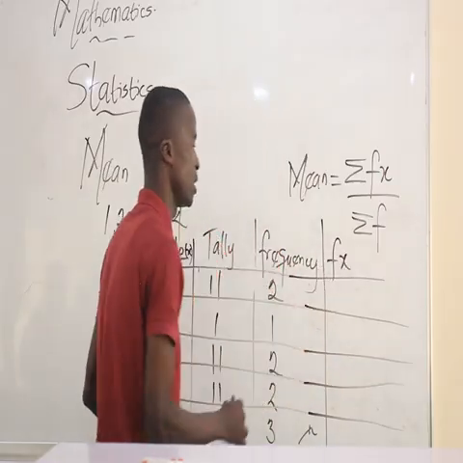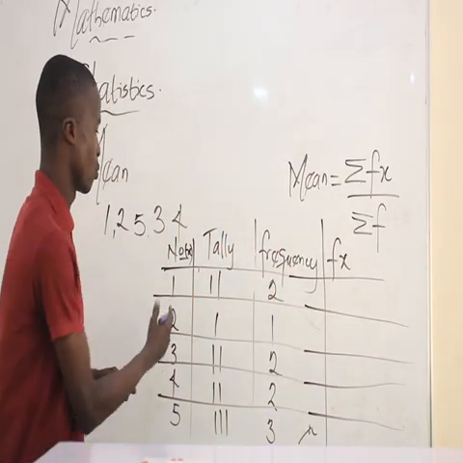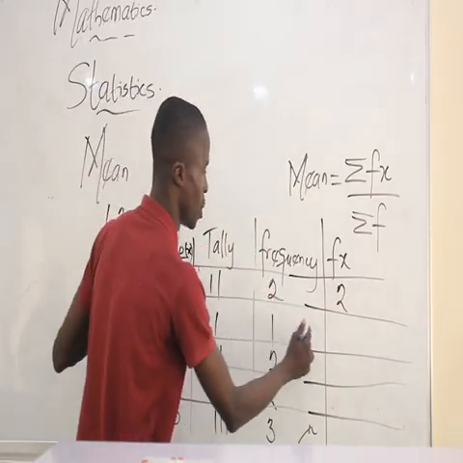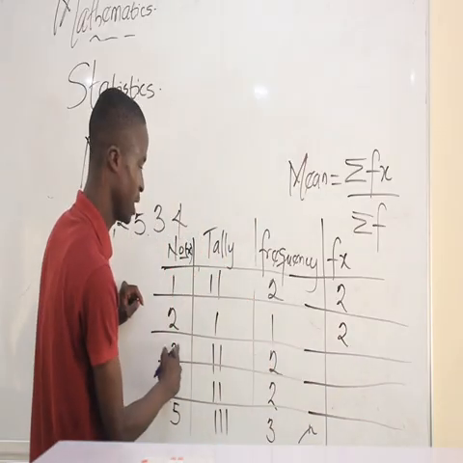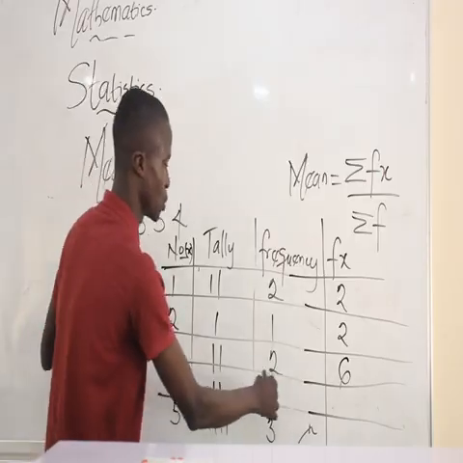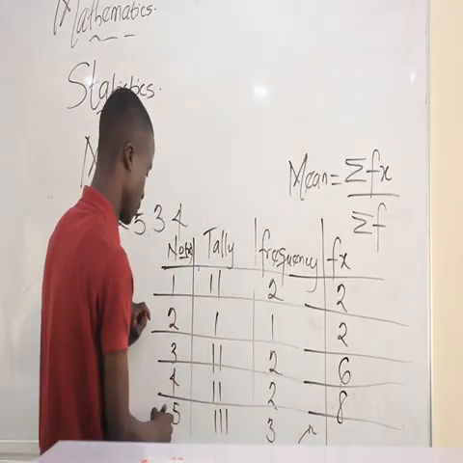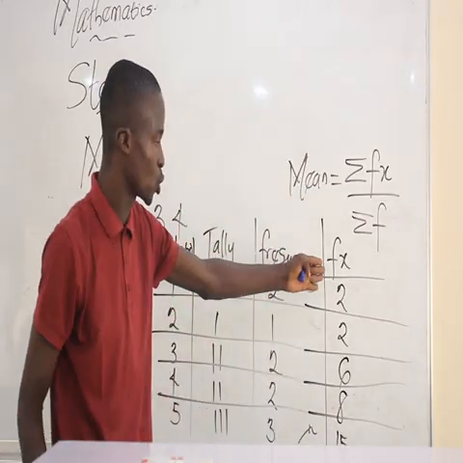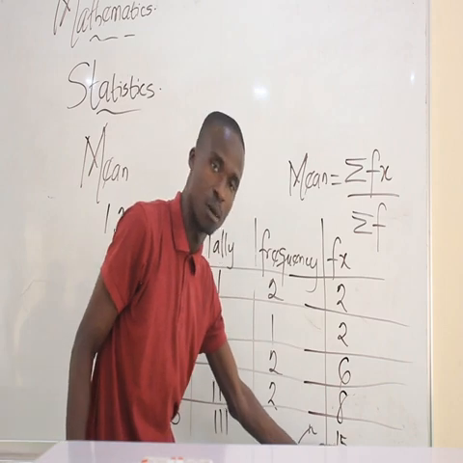You're trying to obtain your f of x. 1 times 2 will give you 2. 2 times 1, 2. 3 times 2, 6. 4 times 2, 8. 5 times 3, 15.